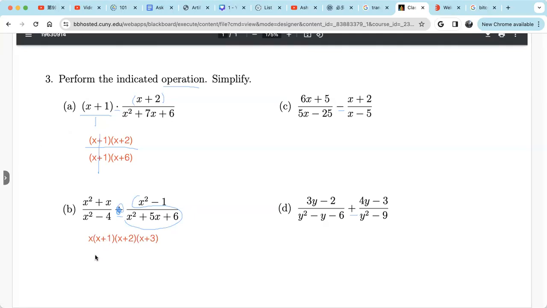Now let's factor the denominator. So x squared minus 4, difference of two squares, is x minus 2 times x plus 2. Then x squared minus 1, difference of two squares, is x plus 1 times x minus 1.